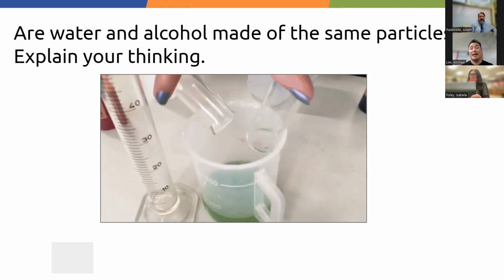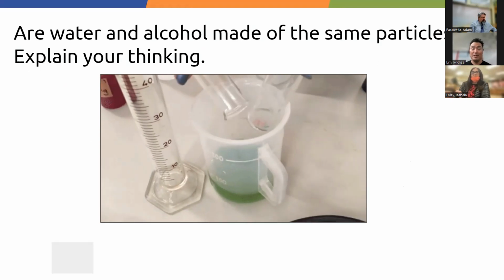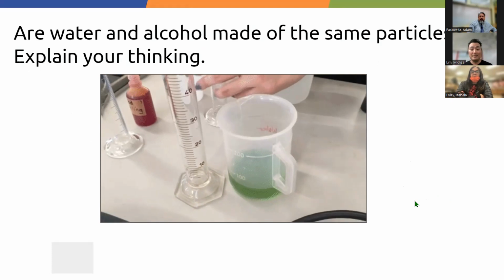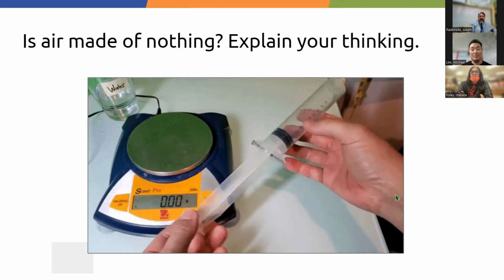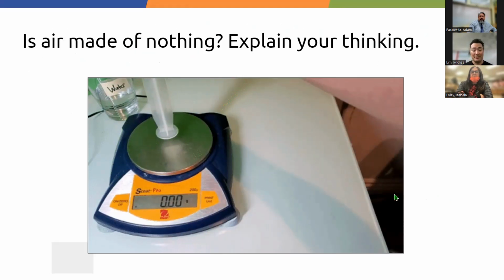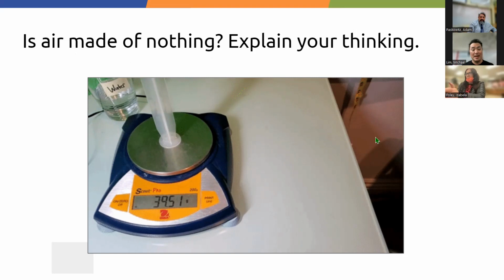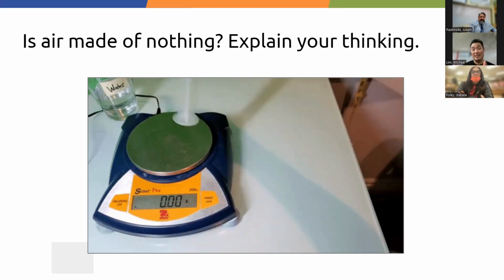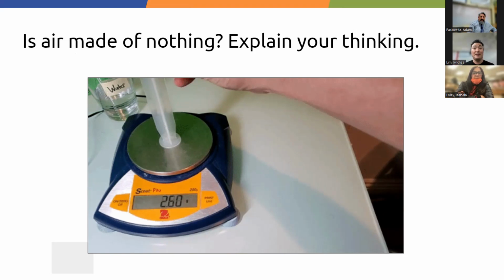This tells me that atoms are real because of what water and alcohol are made of. Another prompt: is air made of nothing? So simple. And they could say, no, air is not made of nothing. It's made of atoms that weigh 0.01 grams. And that tells me that the paper, if it's cut into smaller pieces, it's going to be atoms.